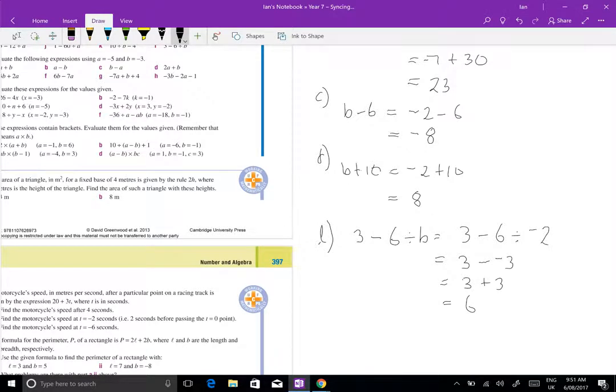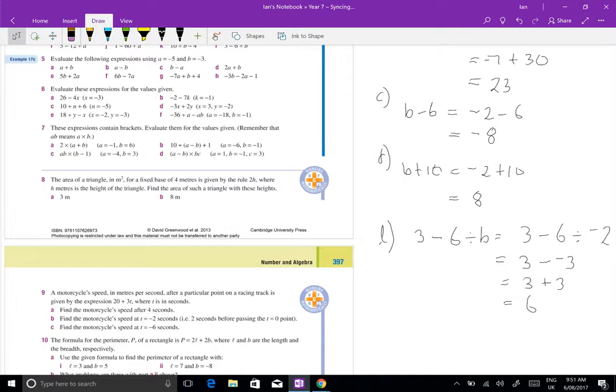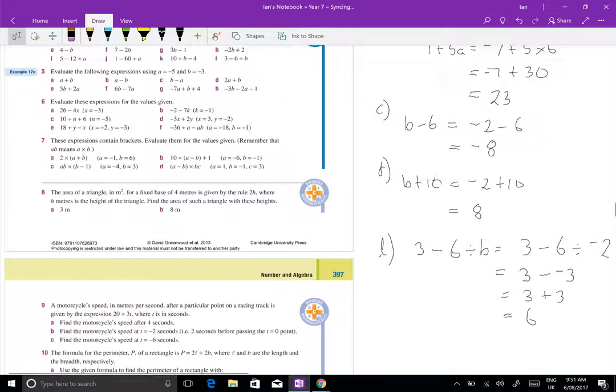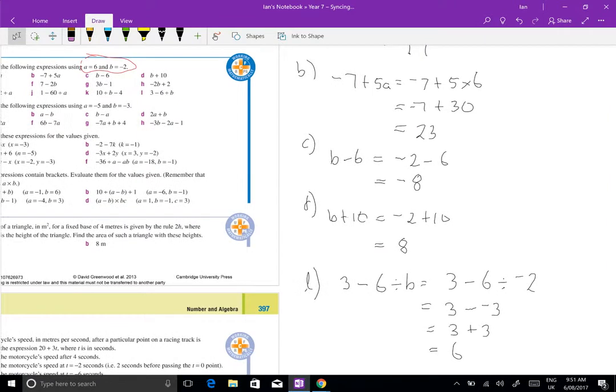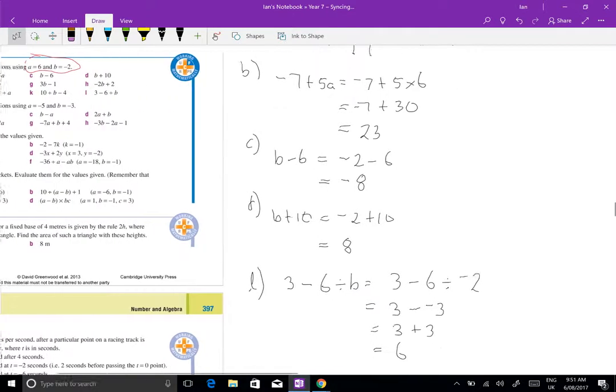All right. What about some of the ones from 6? So if I'm looking at some of the ones from 5. Let's have a go at some of these ones from 5. How about I just do F and H?